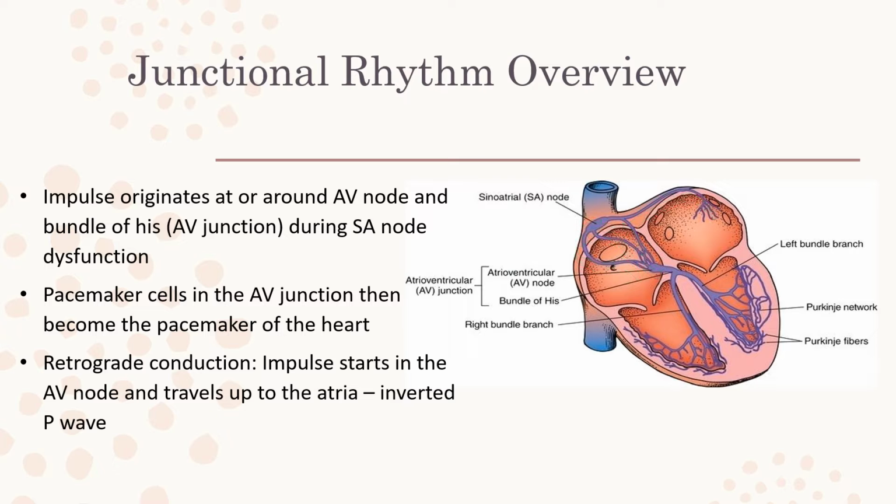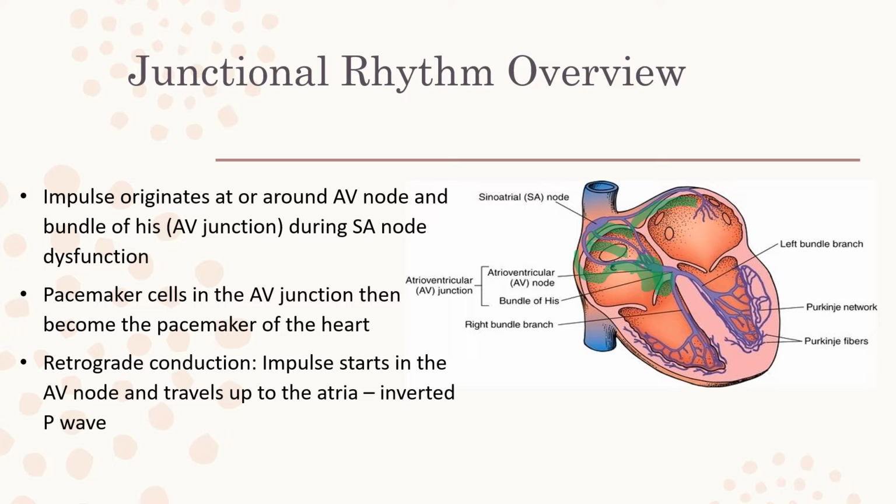In this particular situation, the impulse originates at the AV junction or at the bundle of His, and therefore travels retrograde up through these conduction pathways in a backwards manner, essentially.